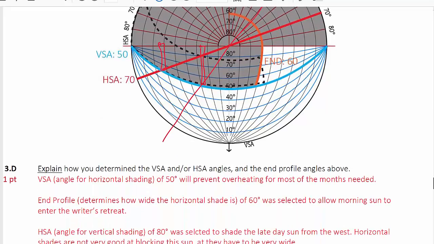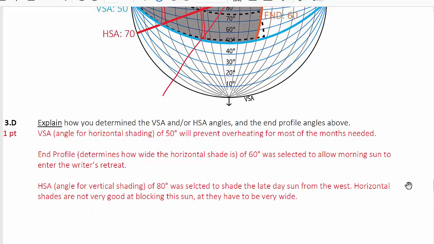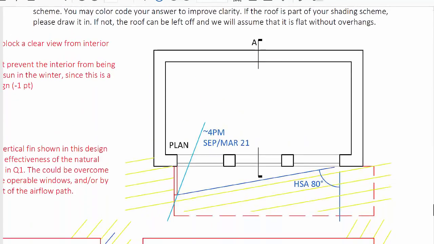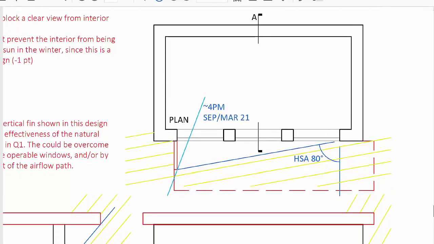So here in the next question, you were just asked to explain your thought process in selecting your HSA and VSA angles. If we start first by looking at the plan view, here I would write down my HSA angle, and remember that we are always working from the corner of the window.